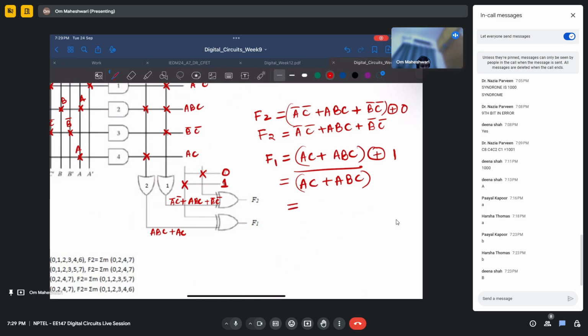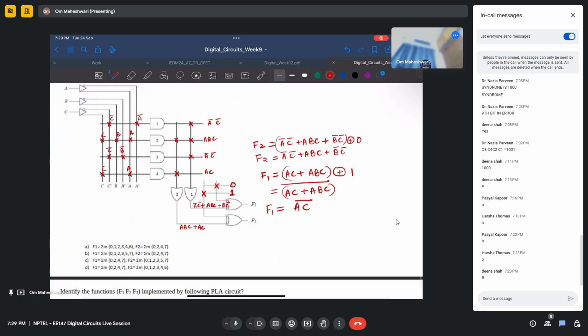Or if you take AC common, maybe what you can do is AC bar, B plus B bar will be B plus 1 will be 1.